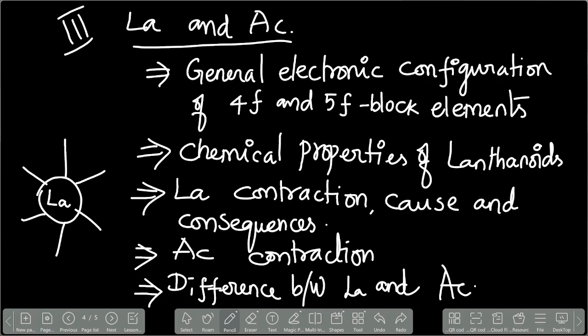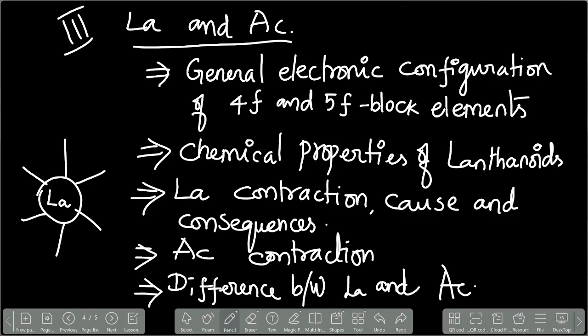Lanthanum reacts with oxygen to give lanthanum oxide. Lanthanum reacts with carbon to give lanthanum carbide. Lanthanum reacts with nitrogen to give nitride, and reacts with water to give hydroxide. Right? Their chemical properties also you must have a look at.